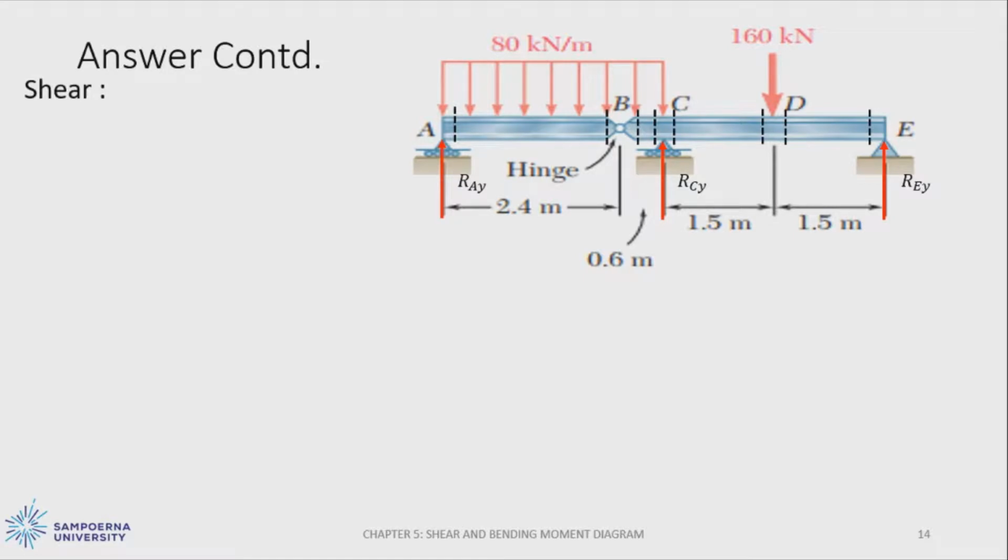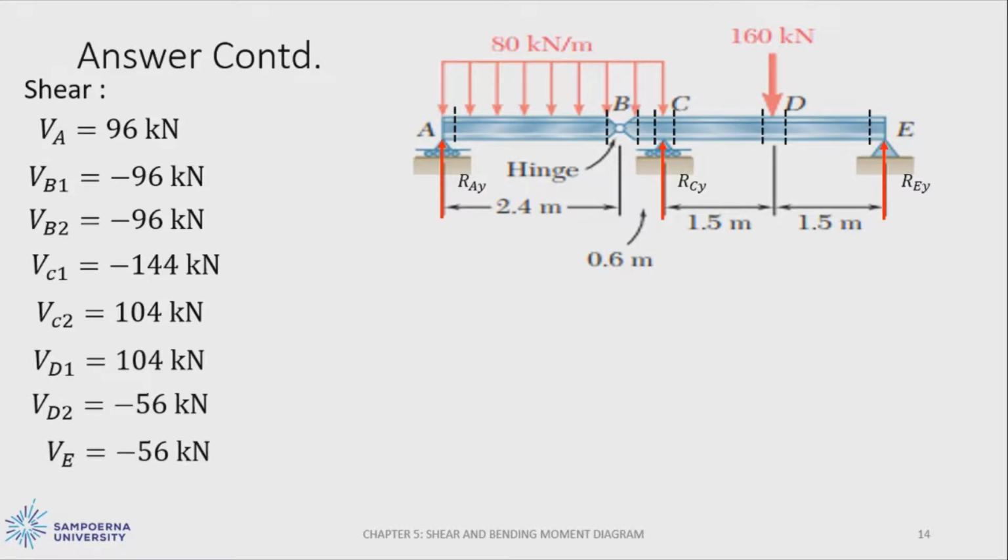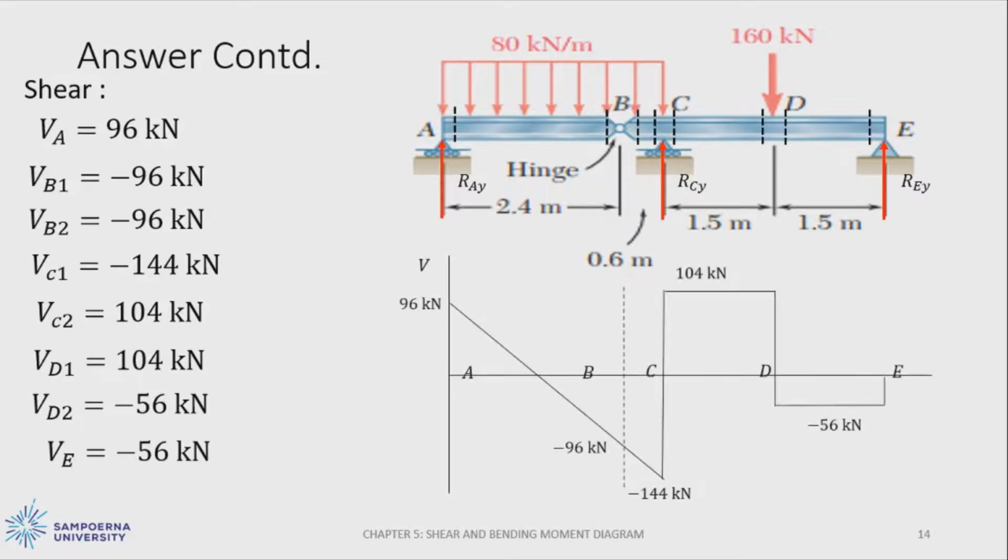The shear occurring in this beam is VA equal to 96 kN, VB1 minus 96 kN, VB2 minus 96 kN, VC1 is minus 144 kN, VC2 is equal to 104 kN, VD1 104 kN, VD2 is minus 56 kN, and VE is equal to minus 56 kN. So we can create the SFD here.